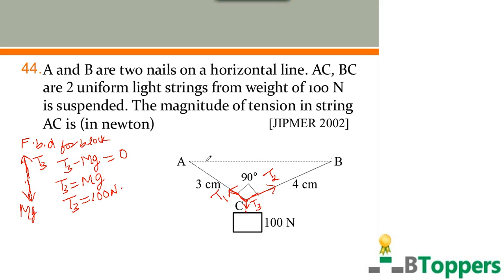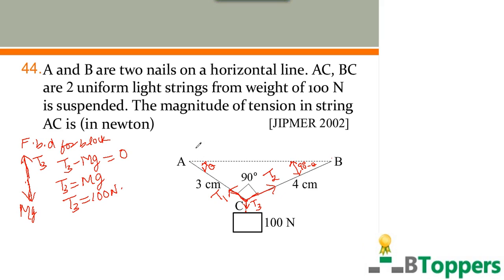Now let us suppose this angle is equal to theta. So we have ACB, the right angle triangle. So the angle at C is 90 degrees, and the angle at B will be 90 degrees minus theta.